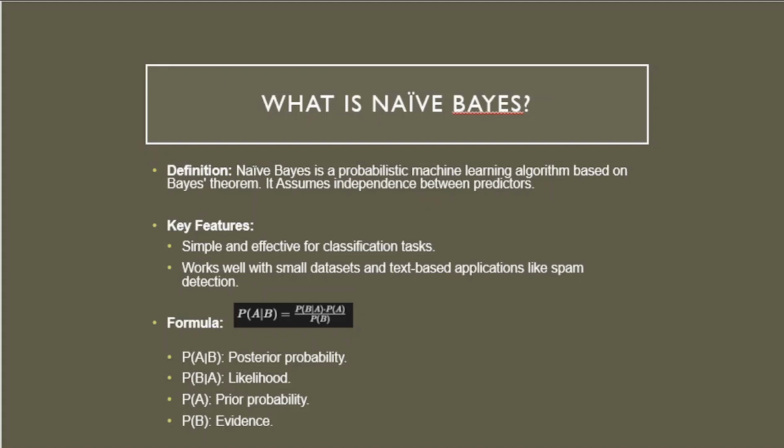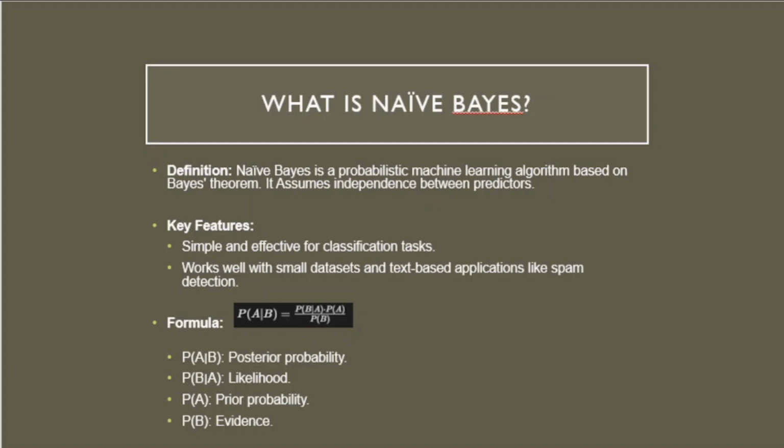How does it work? Let's take a moment to understand how naive Bayes works step by step. Calculate priors. First, the algorithm calculates the prior probabilities for each class. Likelihood estimation. Next, it computes the likelihood of each feature given each class.